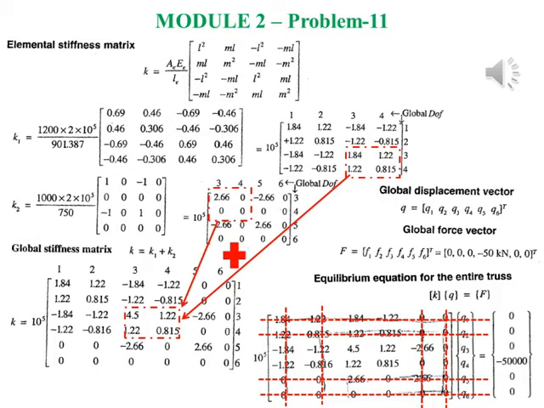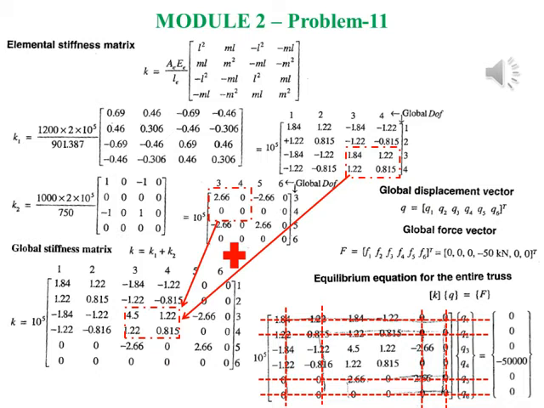So substituting these values, and values of L and M we have written down in the element connecting data, writing down the values of L square, ml wherever applicable in the stiffness matrix, and deducing the stiffness matrix for element 1. Similarly, deducing the stiffness matrix for element 2.